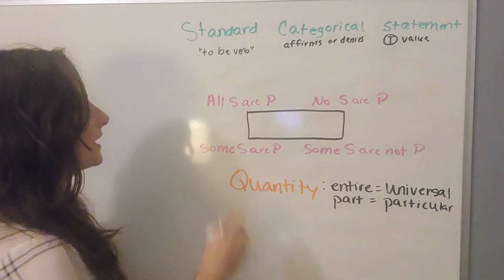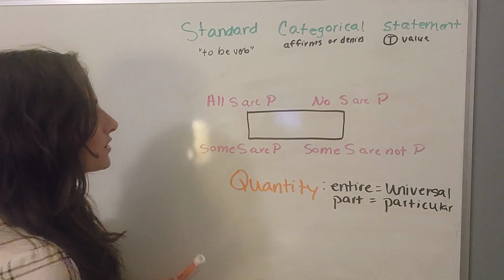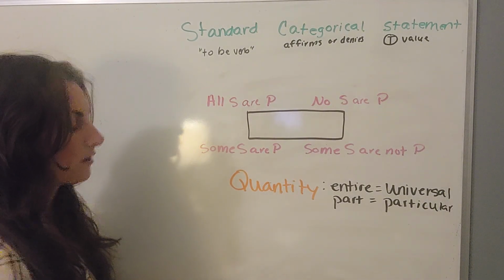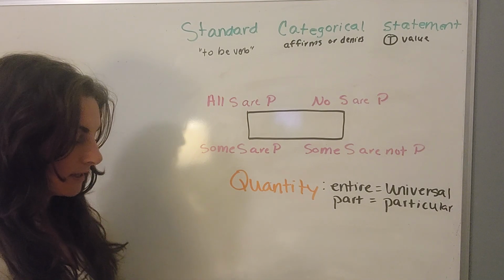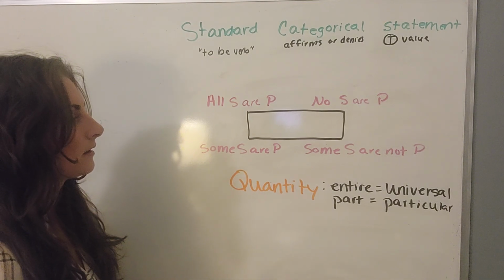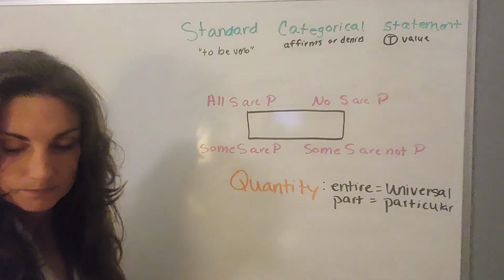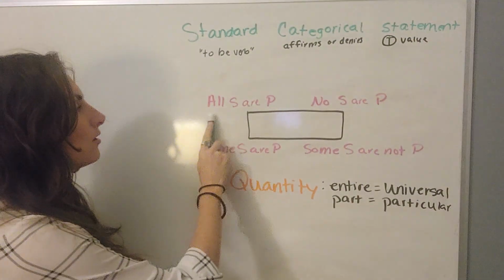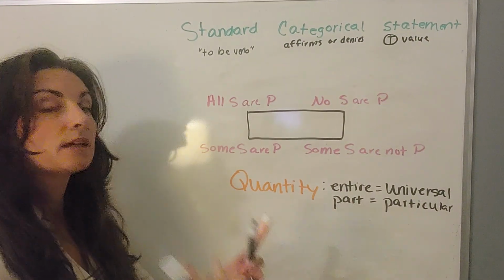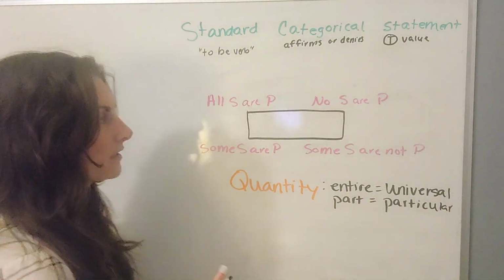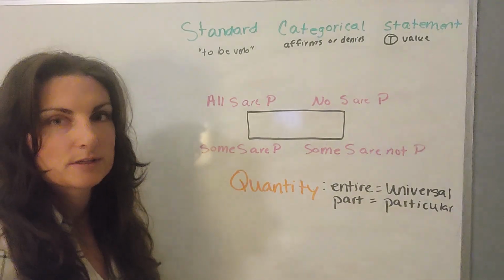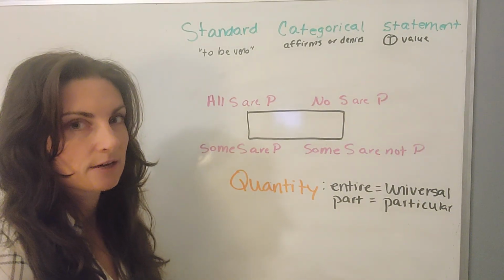So looking at our statements here, which of these include the entire extension? This says all. That is including the entire subject. This says no, that's excluding the entire subject.